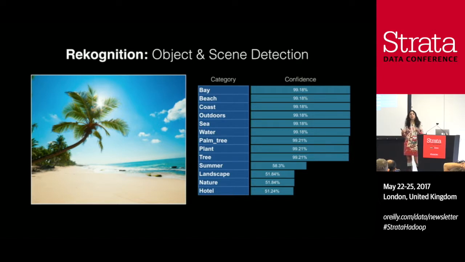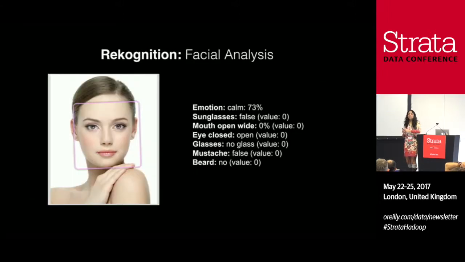So this is the kind of output you would like from an image recognition service on what are the categories present, as well as what's the confidence level. You could also be specific about certain types of images, such as faces. So you can have categories such as the emotion in a face, or whether there's sunglasses. So you can have these finer grained annotations for a subcategory of images, and for faces, recognizing faces as well as recognizing emotion and other qualities of a face will be useful.